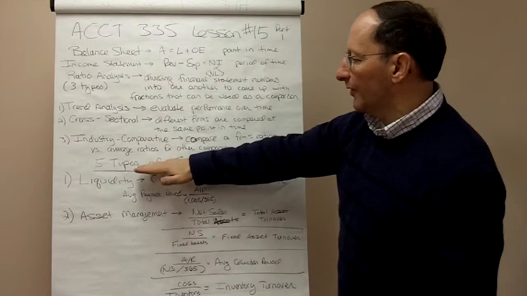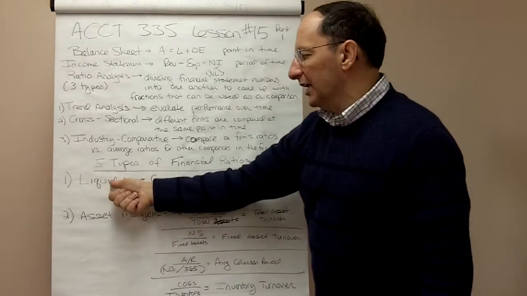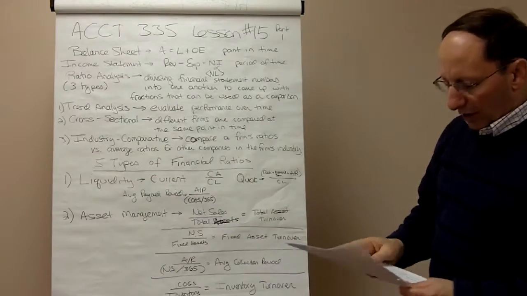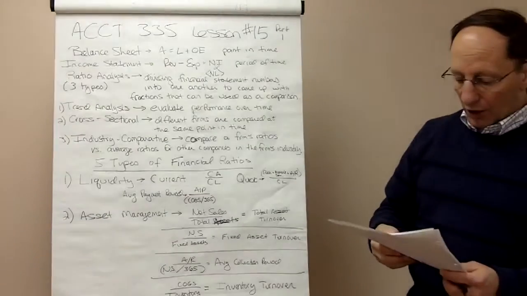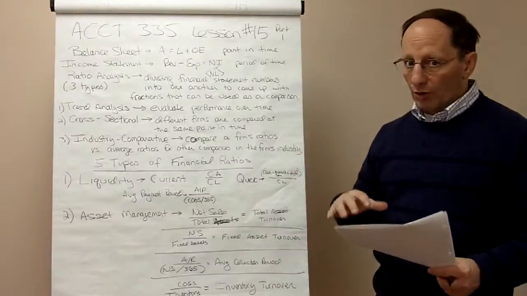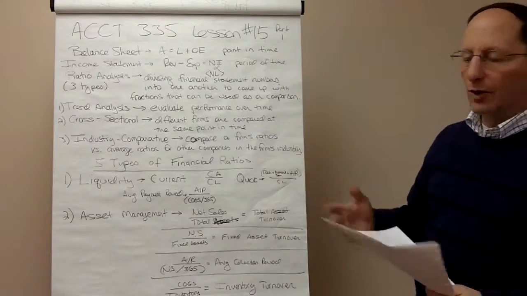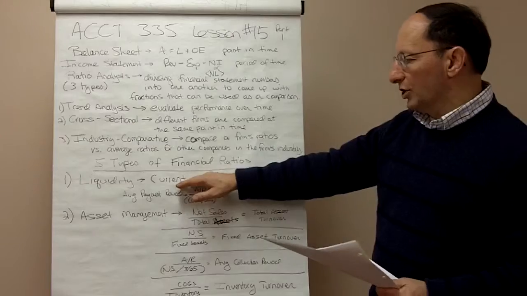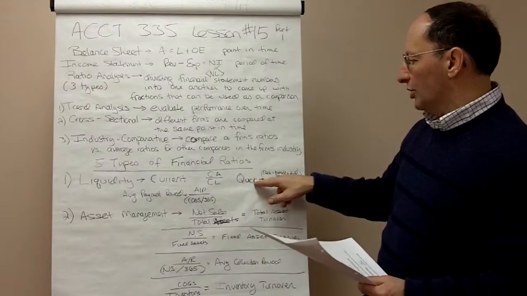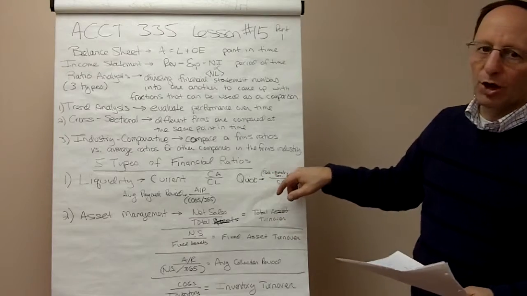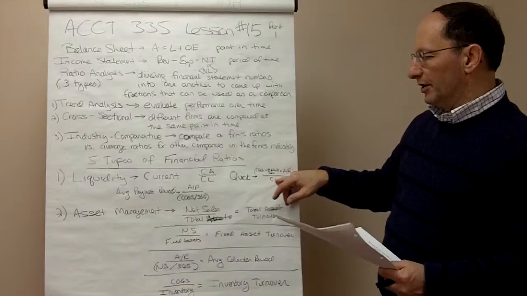Now, there are 5 types of financial ratios. The first type is liquidity. Liquidity measures the ability of a firm to pay its debts when they come due, basically short-run debts. This relates to what we've already talked about in other classes: the current ratio, current assets divided by current liabilities, and the quick ratio, which is your cash, marketable securities, and accounts receivable divided by your current liabilities.